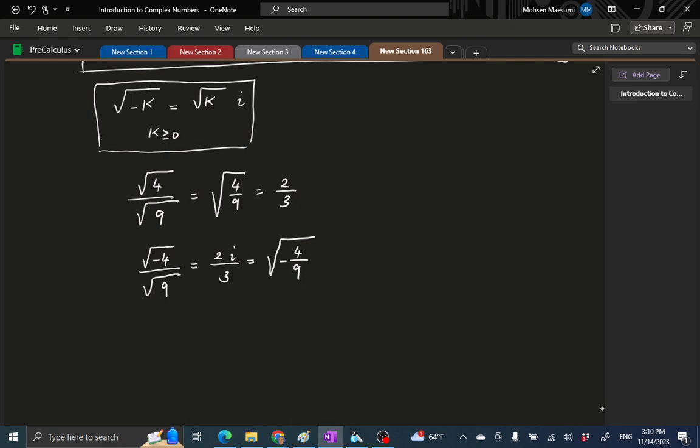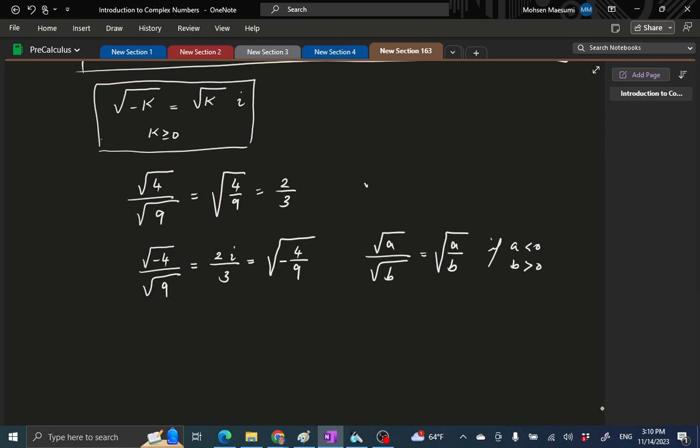So from this observation I get that if I have square root of a over square root of b, I can go ahead and write it as square root of a over b if a is negative and b is positive. I am safe in doing that.